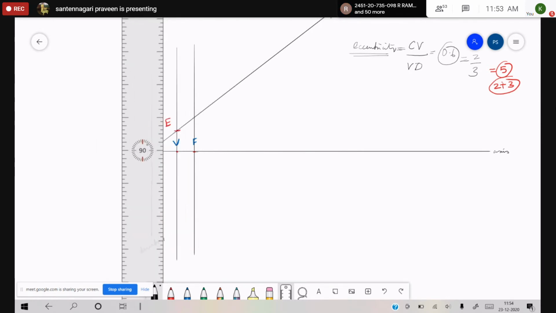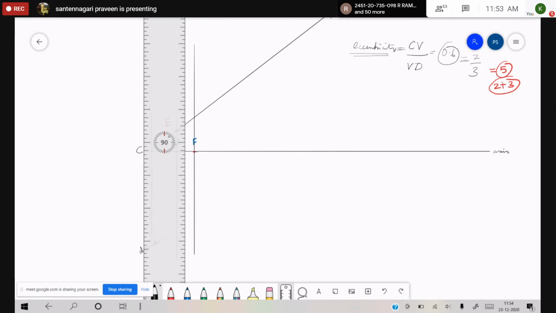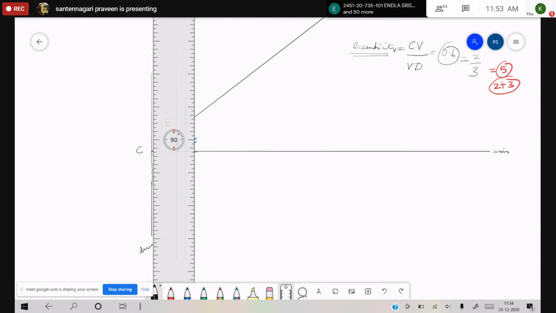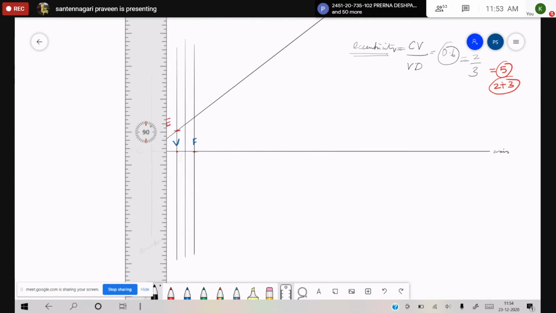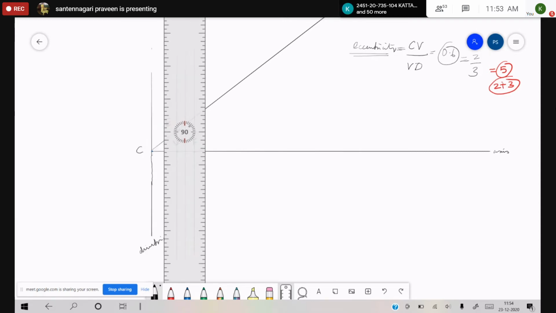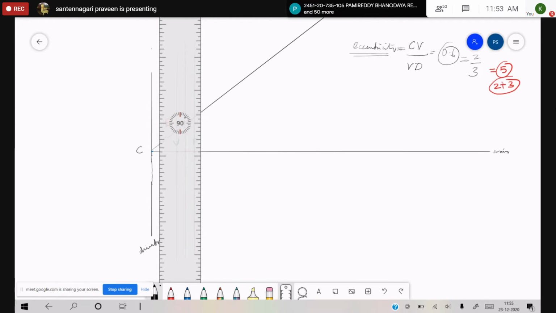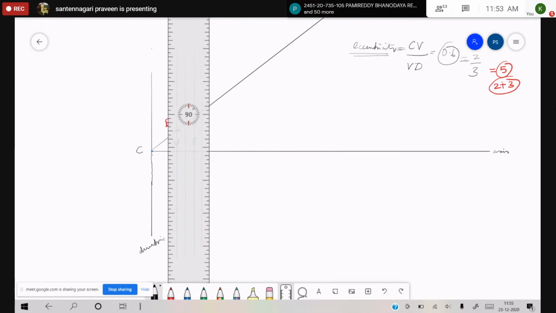As the distance VF is 2, I am marking its center distance, taking 1 unit. From V to this line it is 1 unit, from this line to F it is 1 unit, and from here onwards I am drawing lines at a distance of 1 unit along the axis. I am doing this approximately, you have to do it accurately.